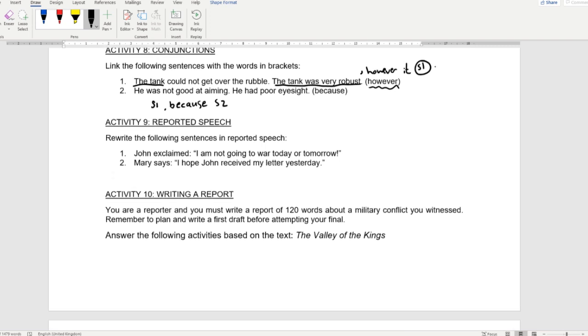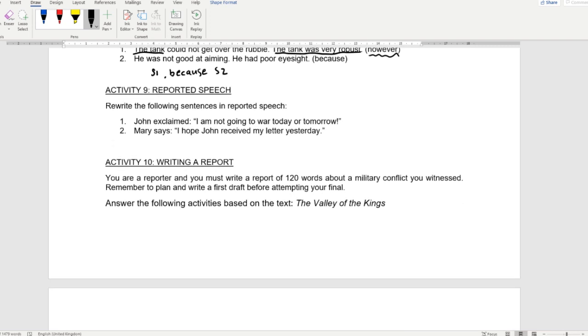Let's go to activity 9, reported speech. You have to rewrite these in reported speech. So first of all, remember to always look at your reporting verb. As you can see, John exclaimed. So this means I have 3 rules to follow. Let's quickly write these down.